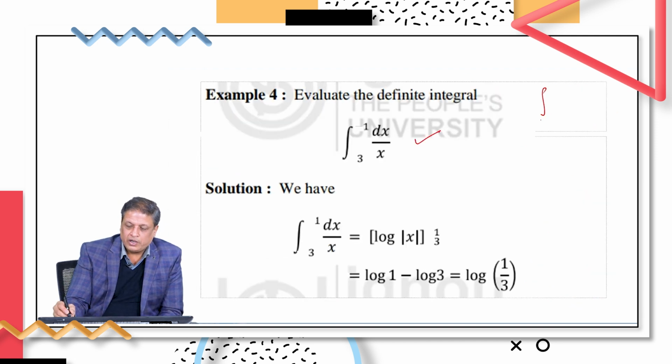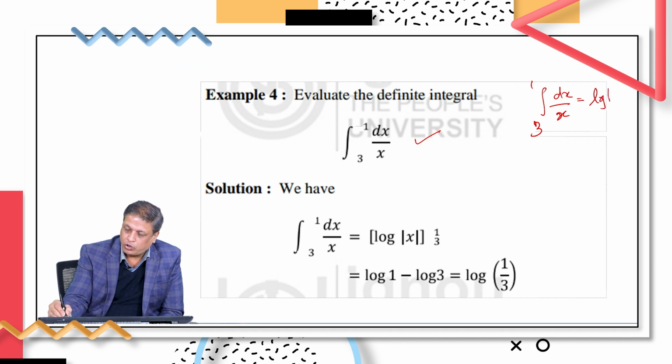So if we are given, say, the integral from 3 to 1 of dx upon x, now we are using the identity integral of f dash x upon fx dx is equal to log of fx. So this will turn out to be log of x, and log of x in the interval 3 to 1.